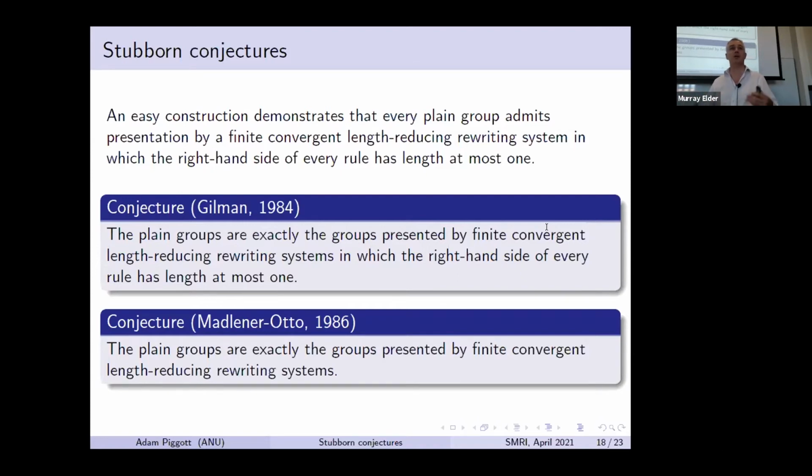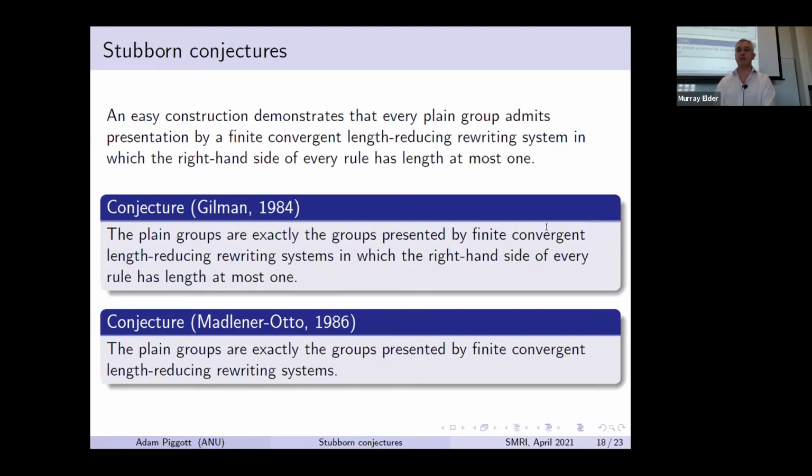You do that for each of those. Just put all those rewriting systems in one place with disjoint generating sets, and you've got yourself a finite convergent length reducing rewriting system. And all the right-hand sides of your rules are either the empty word or a single letter. So in 1984, Bob Gilman conjectured that the plane groups are exactly the groups presented by finite convergent length reducing rewriting systems in which the right-hand side of every rule has length at most 1.